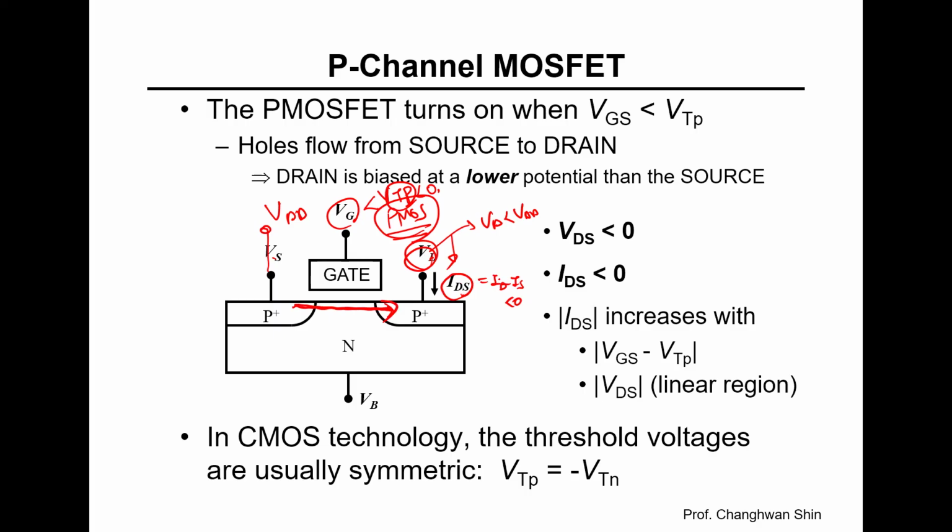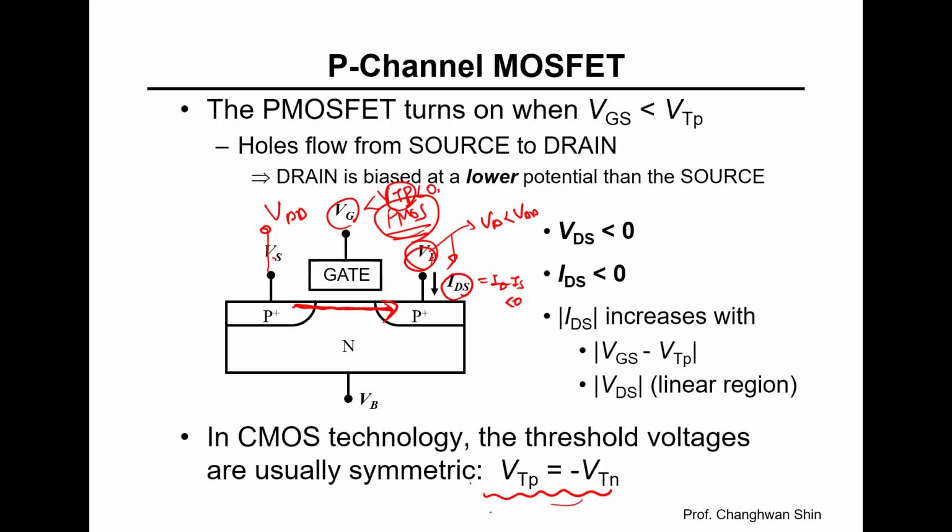So think of it as water flowing downhill, but with the hill inverted compared to the NMOS. In CMOS technology, the threshold voltages are typically designed to be symmetric. I mean, VTP is equal to minus VTN.